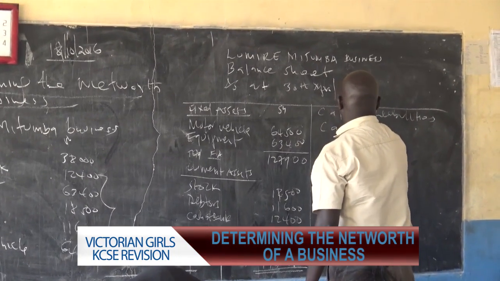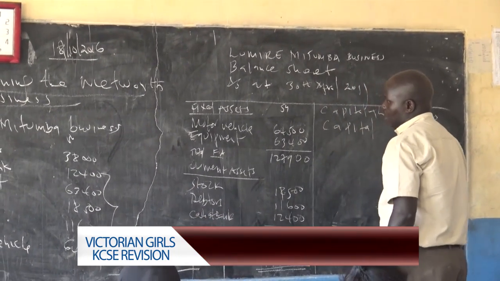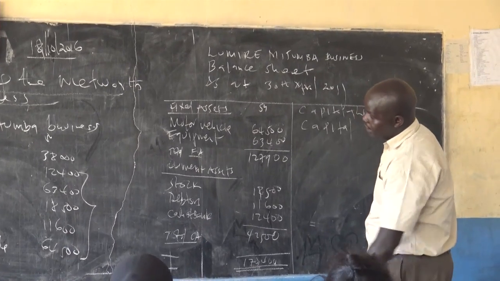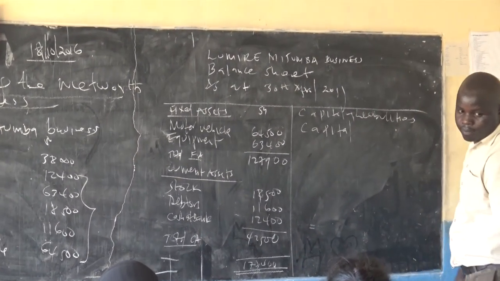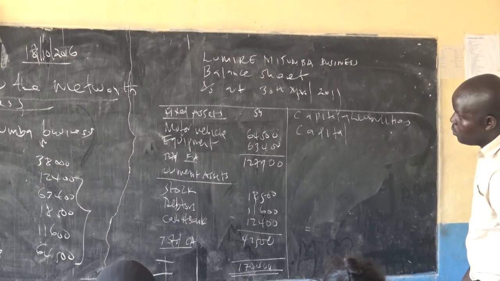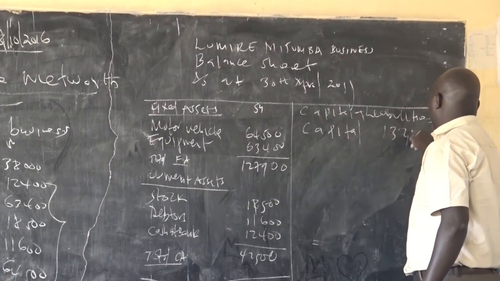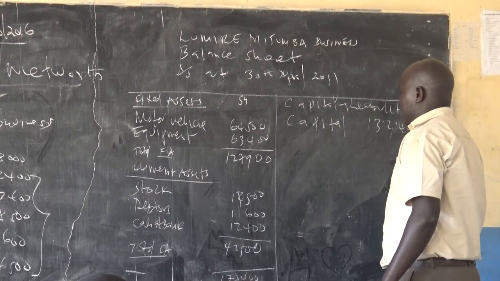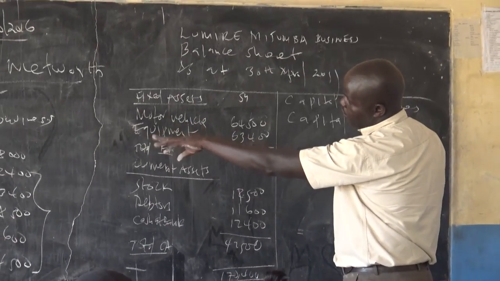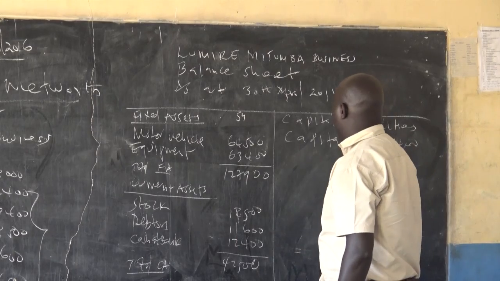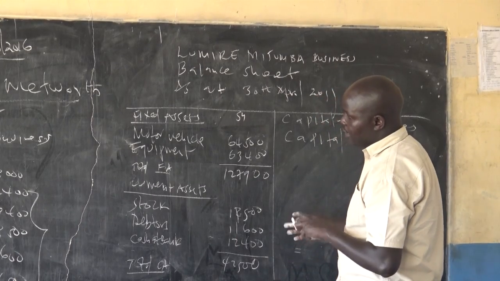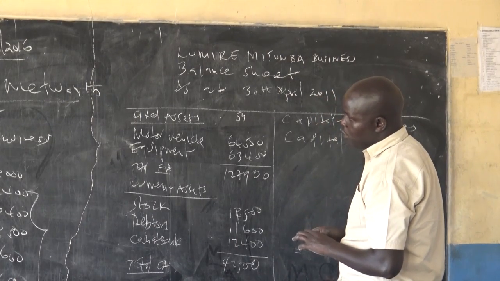Capital is how much? 100? Where is it? Yes, we still have how much? 100,2004? Isn't it? Yes. Now, then we have current assets, now current liabilities and total liabilities. No, isn't it?